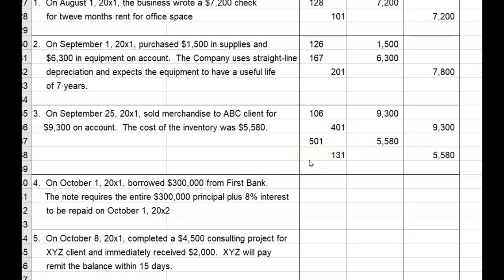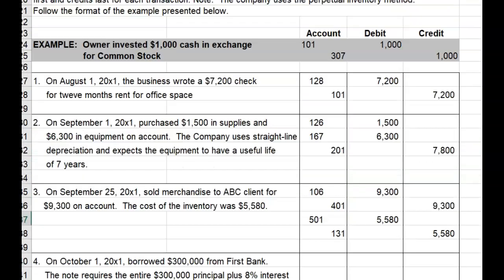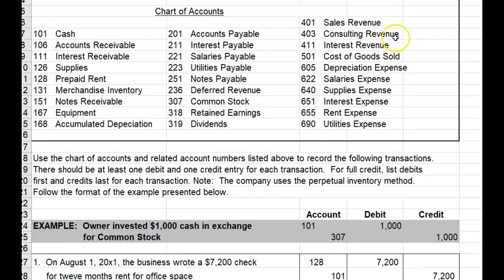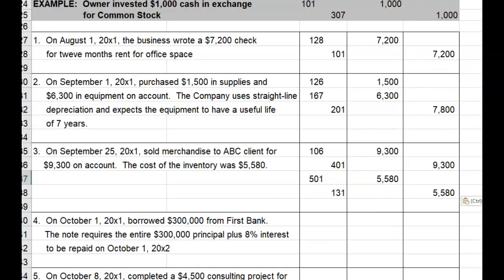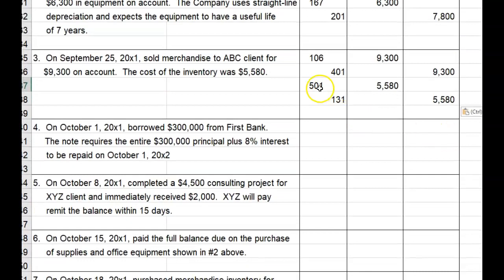Then record the cost of goods sold by debiting cost of goods sold, account 501, and crediting merchandise inventory, account 131. Debit 501, $5,580. Credit 131, $5,580.